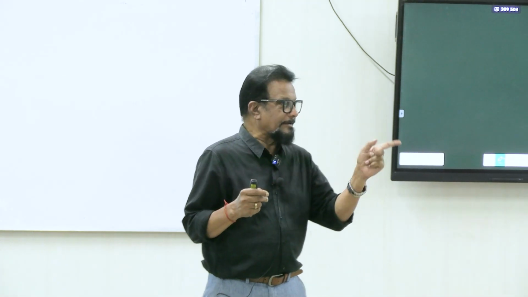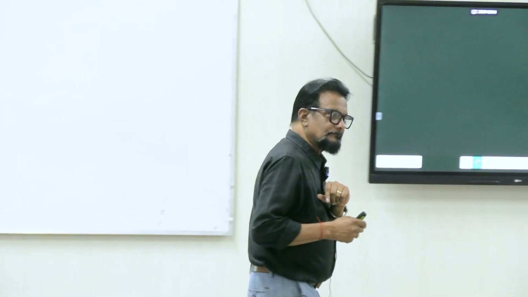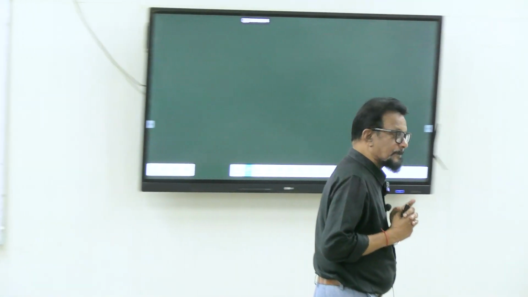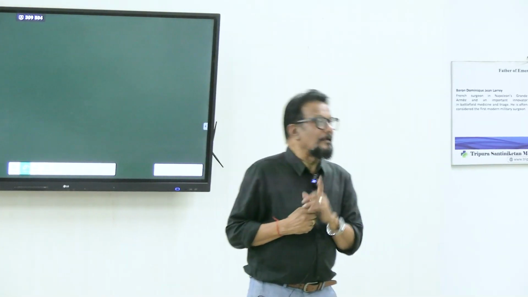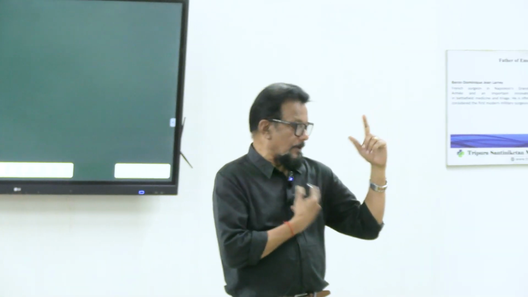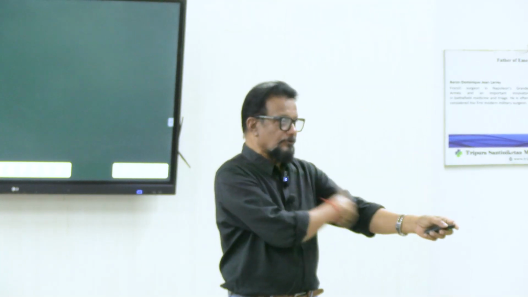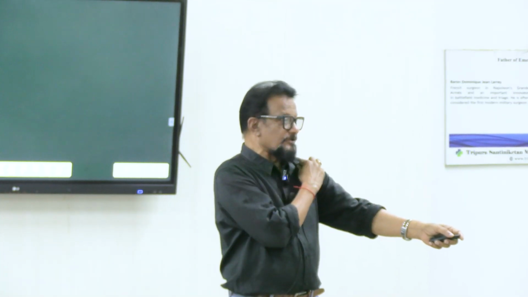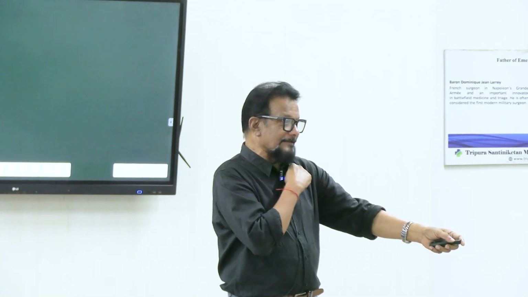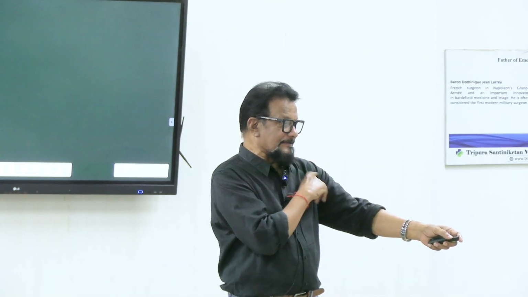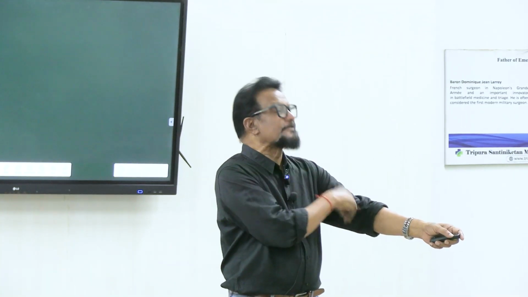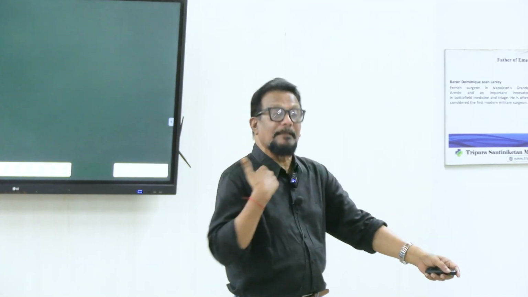Which hand will you prefer, right hand or left hand? Usually, which hand is preferred? Left hand, because the left hand is closer to your heart. Moreover, the artery coming to the arm originates from the subclavian artery, and the angle of the subclavian is such that the blood flow is better in the left hand than the right hand.